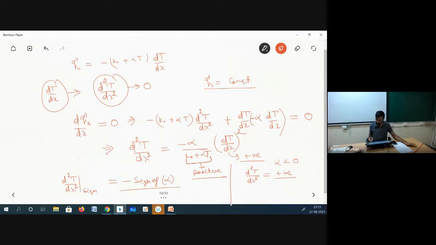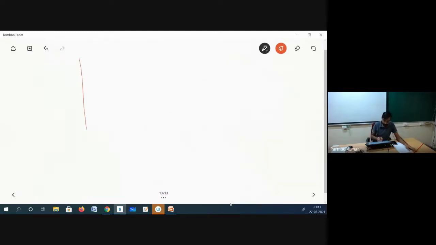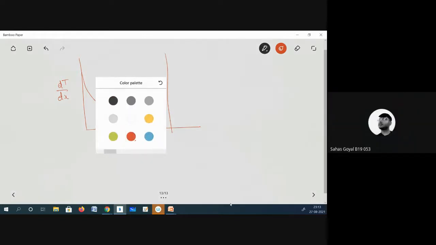So if d square T by dx square has to be positive, how should your dT by dx profile along x look? Its second derivative has to be positive. So if the second derivative has to be positive, your first derivative profile has to decrease along the right side. Fine. Yes, sir. Got it.